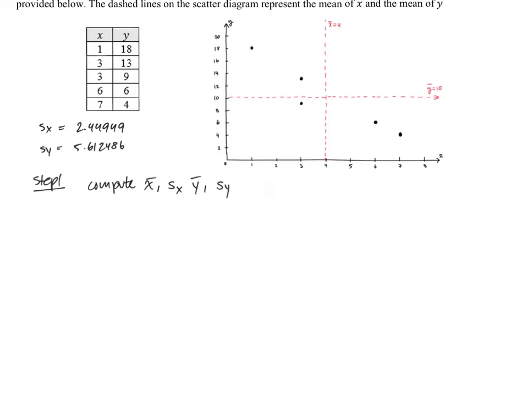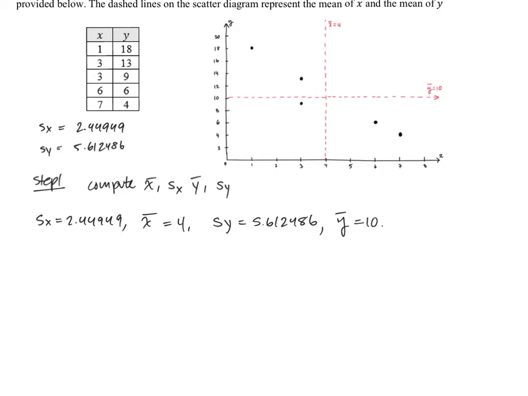Okay, so just writing that down, we have s of x is 2.44949. X bar, how do we find that? Well, it is actually given right here, equal to 4. S sub y, standard deviation of y, given right here is 5.612486. And lastly, the mean of y, which is going to be 10.